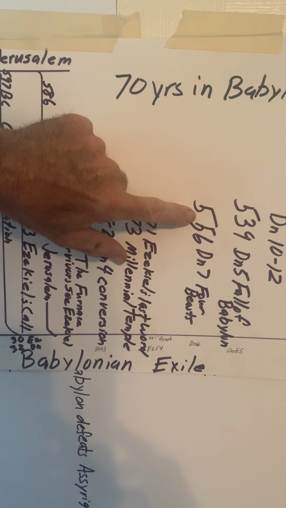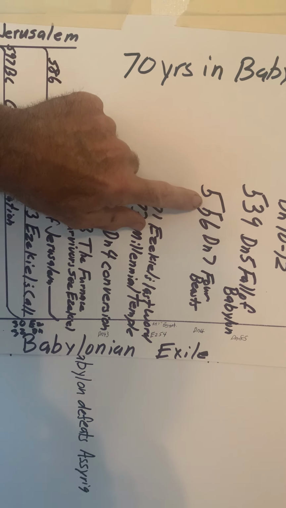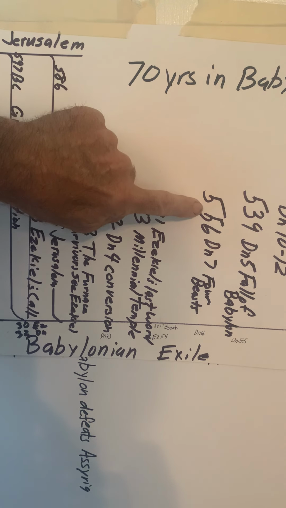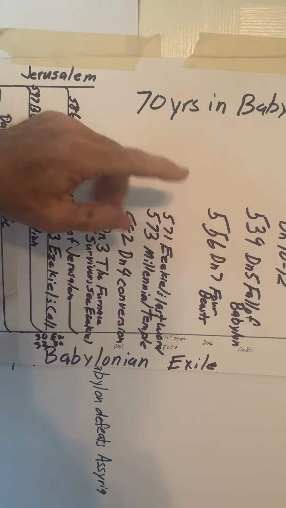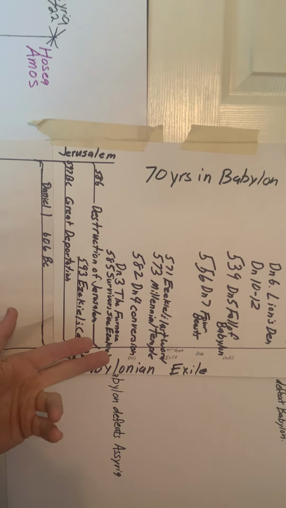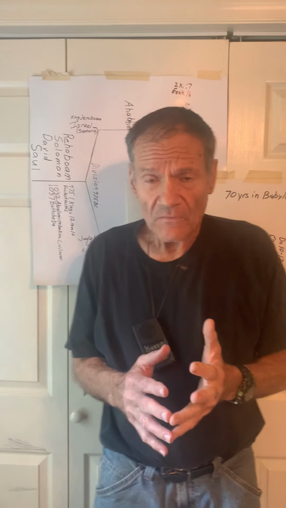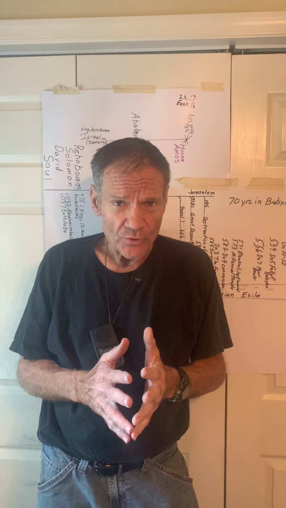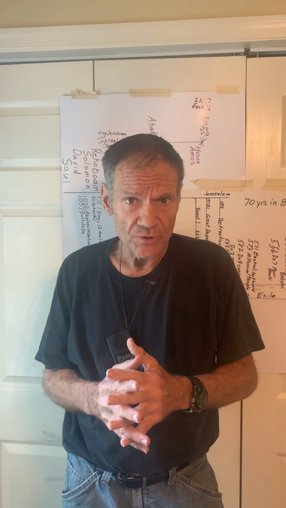In Daniel chapter 7, Daniel gets an expansion of the information that he received early in his exile in Babylon. He was around 19 years old when Nebuchadnezzar had the dream, and only Daniel could interpret it in Daniel chapter 2.